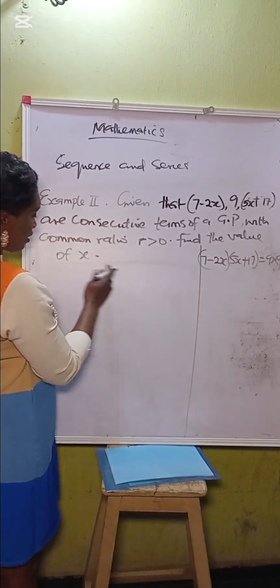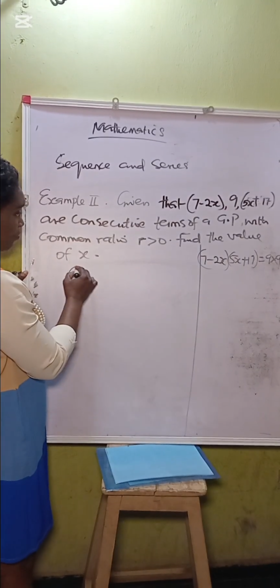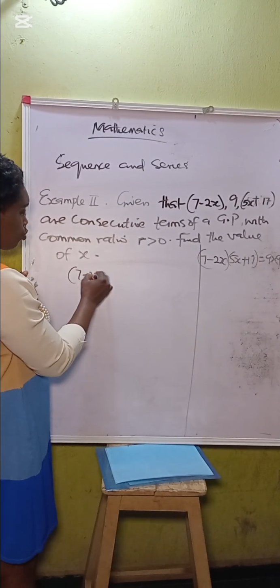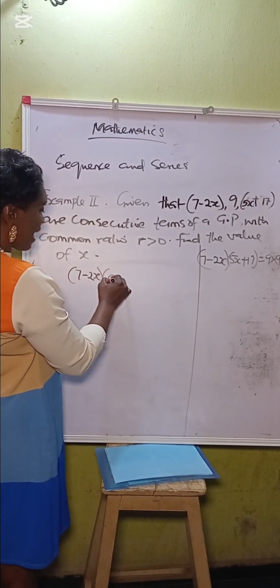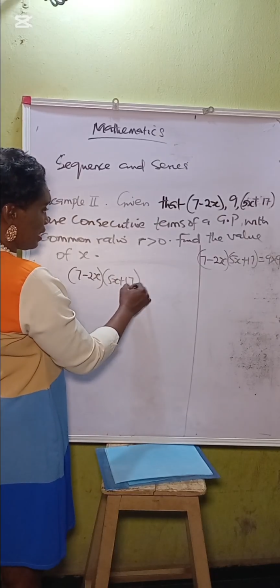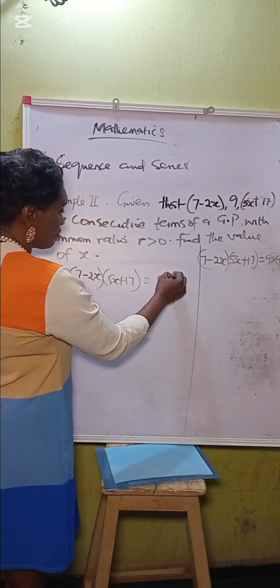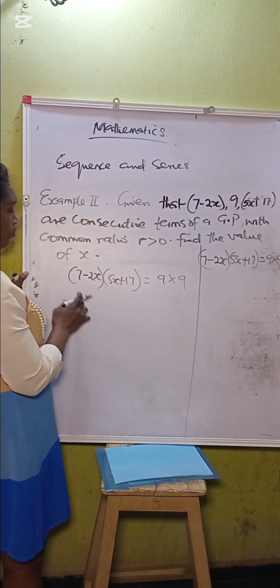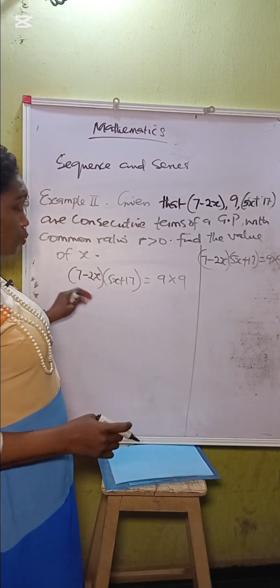Let me write this boldly here: bracket 7 minus 2x multiplying 5x plus 17 all equal to 9 times 9. Okay, so I'm going to open this bracket.